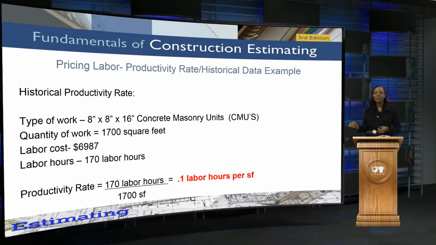Your labor hours would be 170 labor hours. So it's just a matter of utilizing that formula I gave you earlier: you have 170 labor hours, and then you divide that over the quantity, which was 1,700 square feet. And that's going to give you a productivity rate of 0.1 labor hours per square foot, okay?